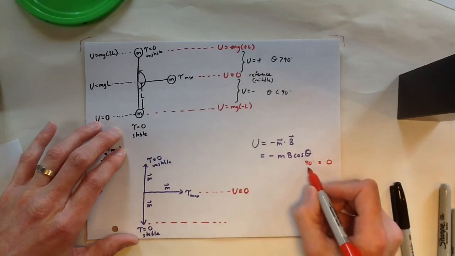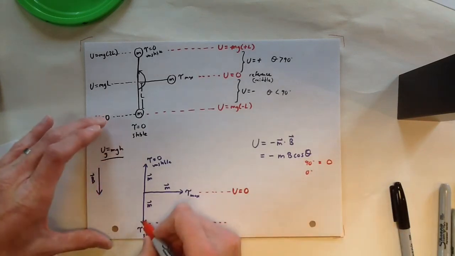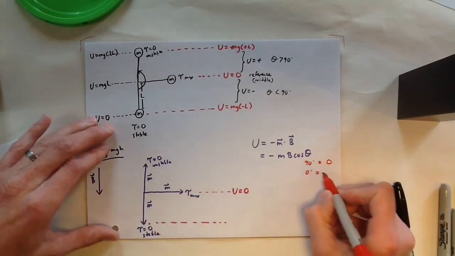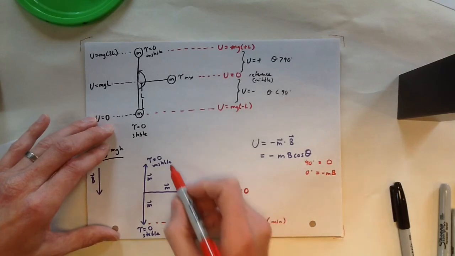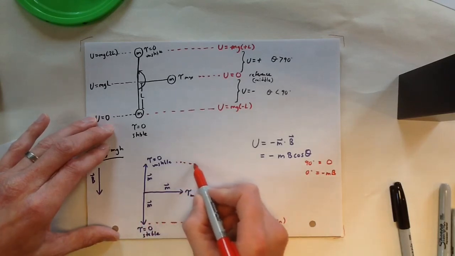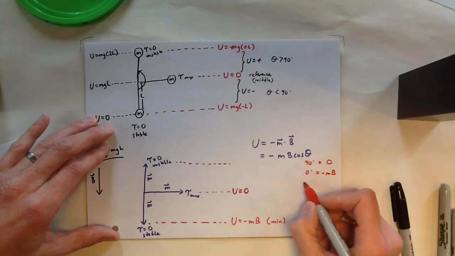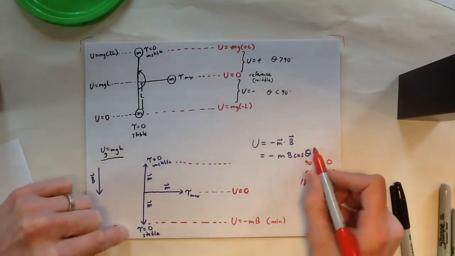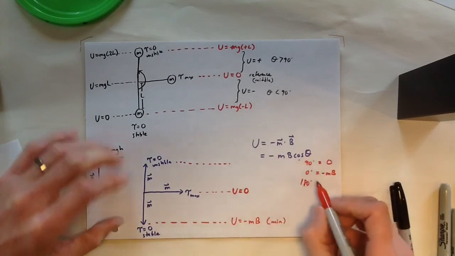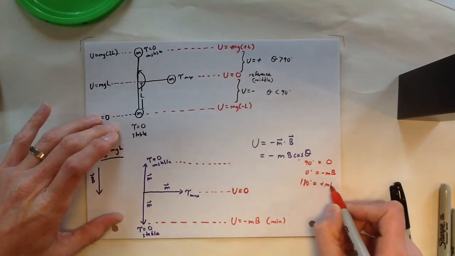If we plug in cosine of 0 degrees, because the dipole is aligned with the field, we'll get minus mB. So that is minus mB. That is actually the minimum, the smallest value you could have. And over here, when we plug in that the dipole is 180 degrees to the field, well, cosine of 180 is negative 1, cancel by that one, so we get plus mB.